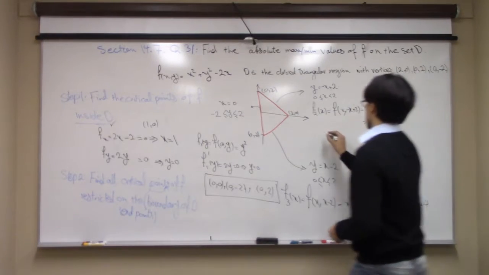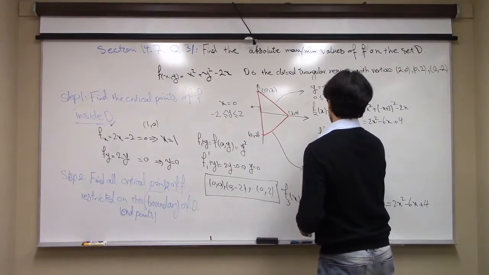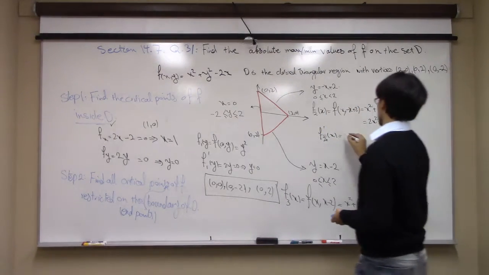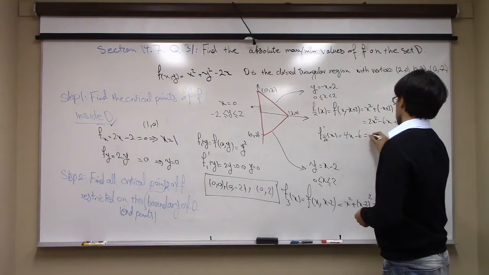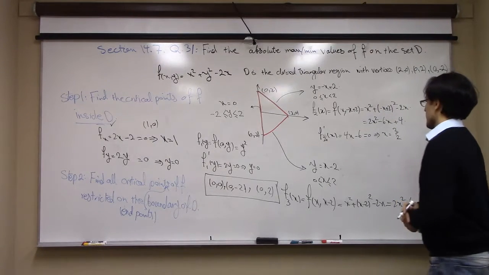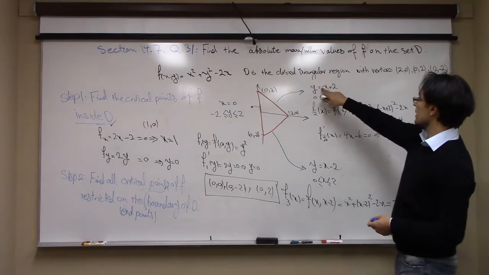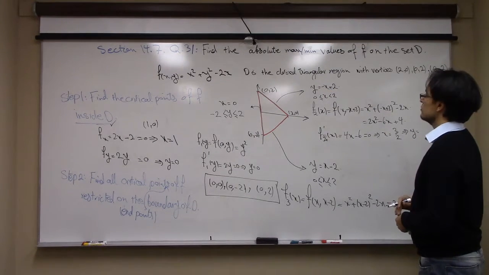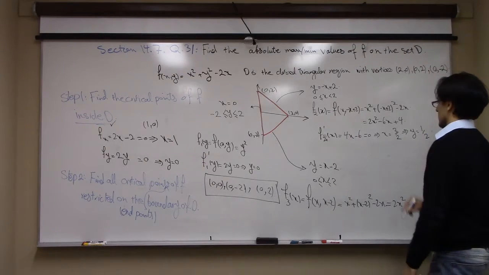What about this one? Again, do the same steps. Find the derivative. It is 4x minus 6. Set it equal to 0, then x is equal to 3 over 2. If x is equal to 3 over 2, plug in here, and we get y is equal to negative 3 over 2 plus 2, which is 1 over 2.